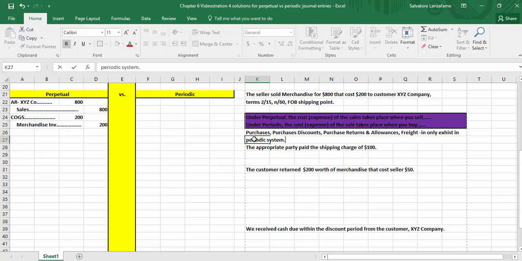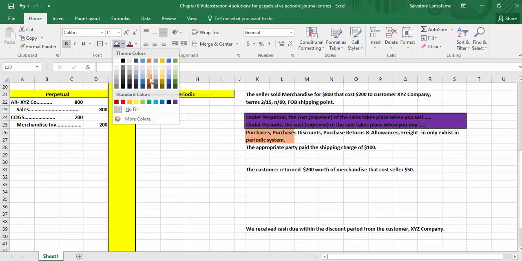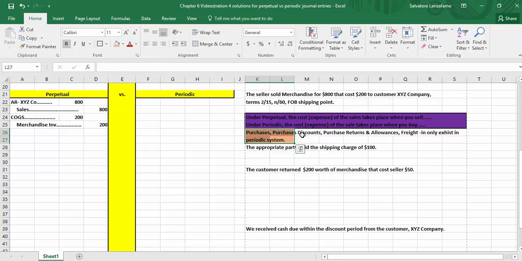Those accounts do not exist under perpetual. Okay, so let's just put that in a different color just for enhancement here. So purchases, discounts, purchase returns and allowances, freight in only exist in the periodic system.